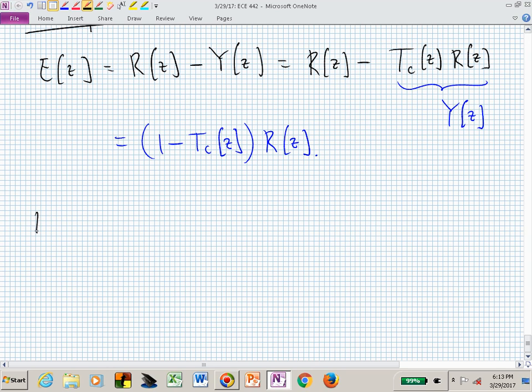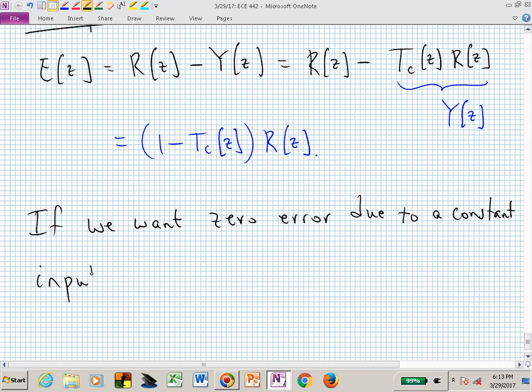If we want zero error due to a constant input, if little r of n is constant, let's say it's a step input, what is capital R of Z?